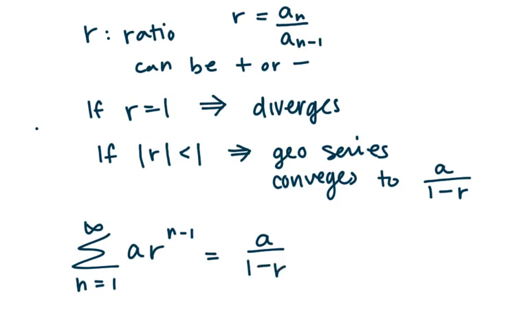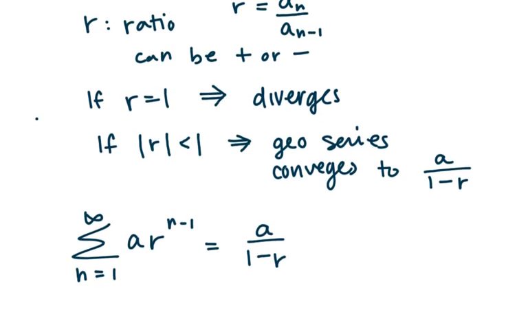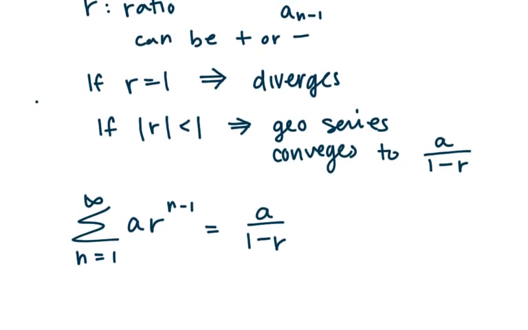Okay? And then if the absolute value of r is greater than or equal to 1, then it is divergent.